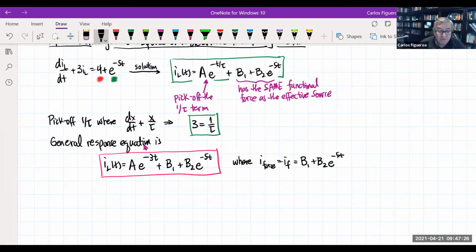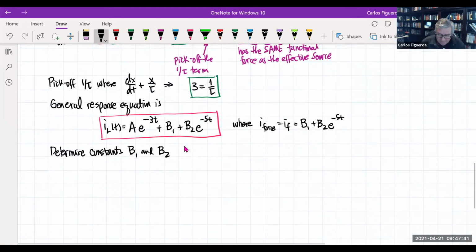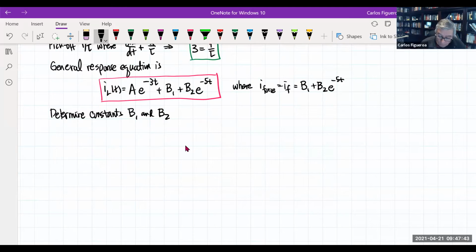So now what I've got to do is determine constants B1 and B2. Okay, so now that I have my constants B1 and B2, how do I do that? I'm going to substitute my forced response into my differential equation.